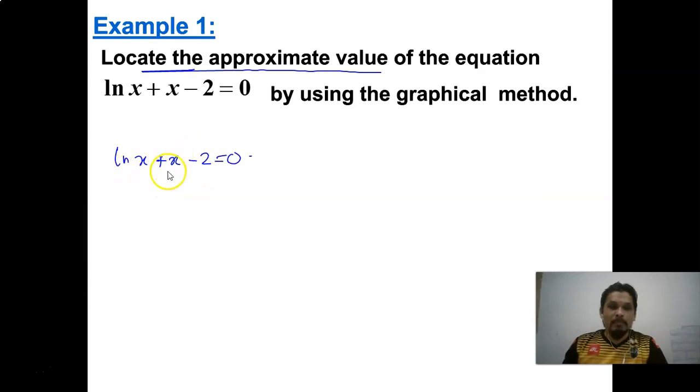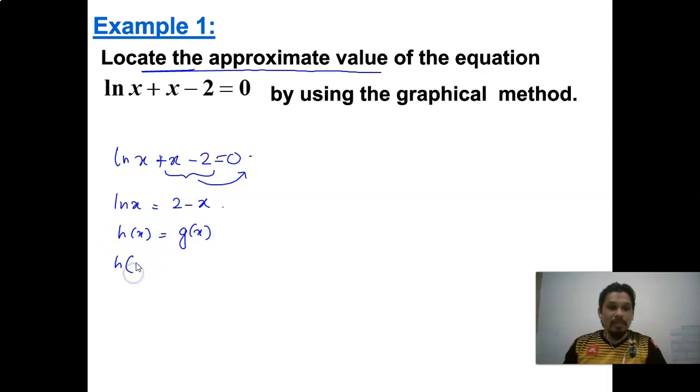My idea, let's bring this to the other side: natural log of x equal to 2 minus x. Let's imagine this as h(x) and g(x).